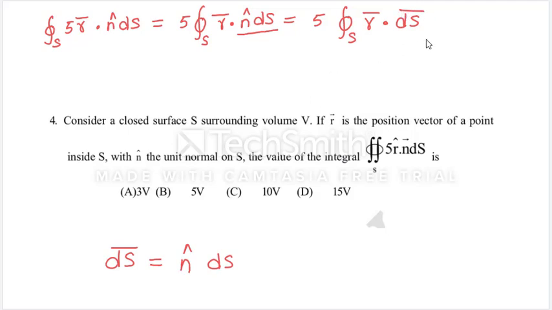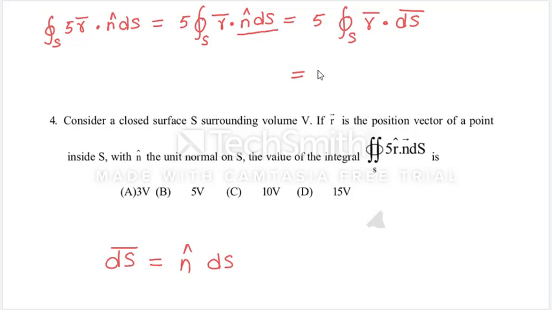Now you can see I have a closed surface integral of a vector dot dS. Can I apply the divergence theorem? By using the divergence theorem, we convert the closed surface integral to a volume integration.